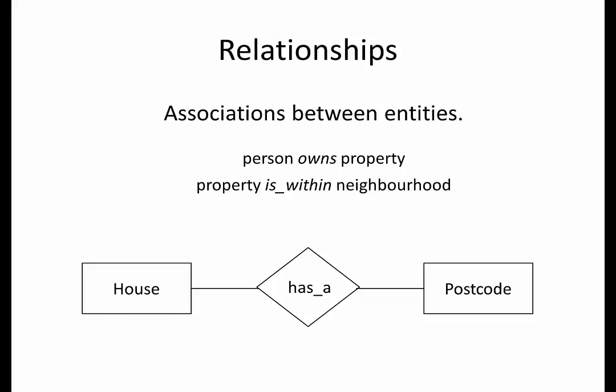But in this case, it's been designated as an entity, and a house has a postcode. You might wonder, why were you doing that? Obviously, there are many houses in each postcode, and a house, depending what a house is, if it's a large block of flats or something, it might have more than one postcode even, I think.